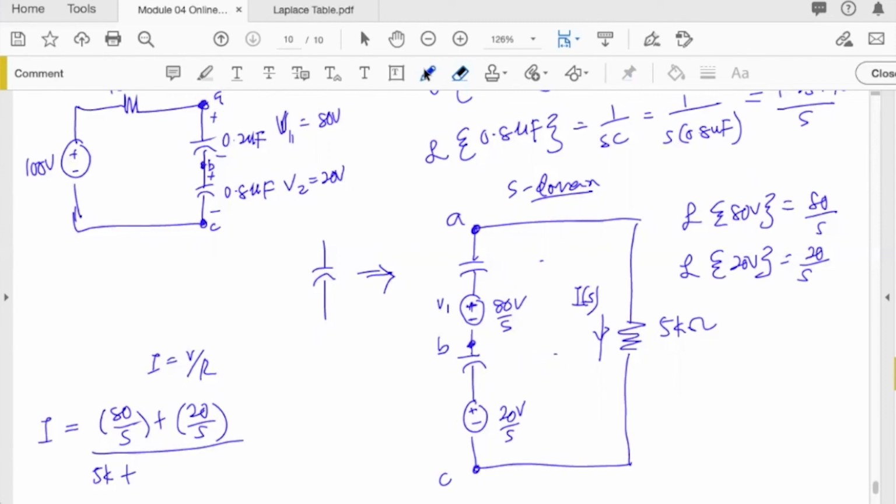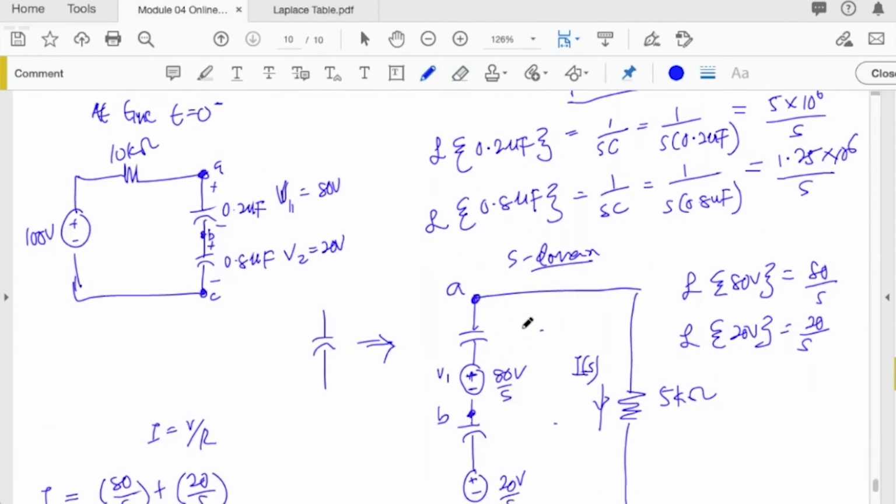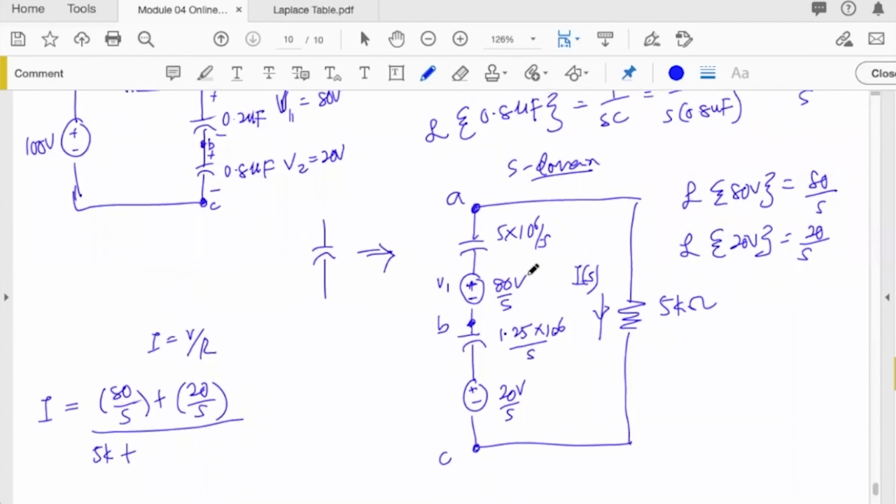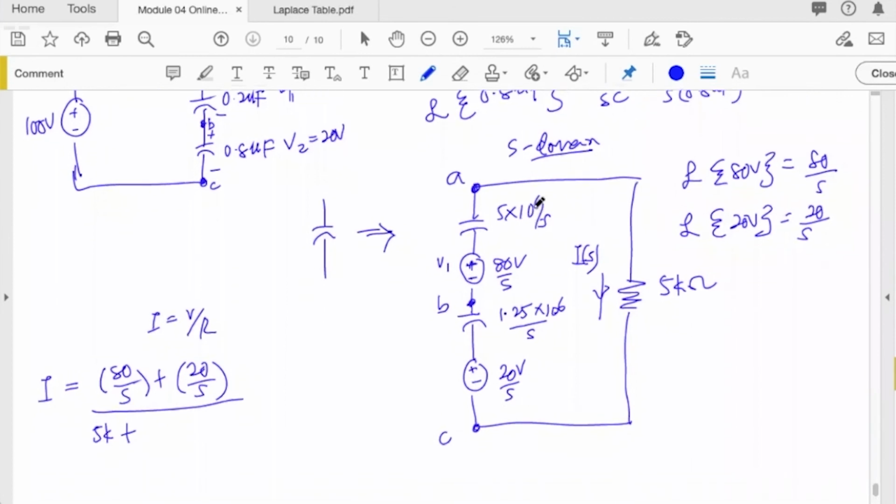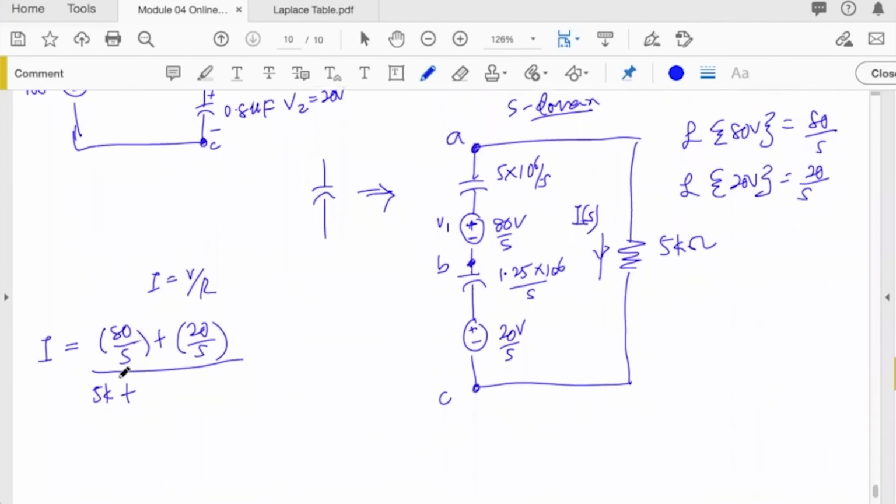Okay, so we have done the transformation of that. So for 0.2, that one becomes 5 times 10 to the power of 6 divided by S. And this part is 1.25 times 10 to the power of 6 divided by S. Okay, so that's how it should look. I forgot to change the value of the capacitor just now. If you put the value of the capacitor, it must be in S domain.